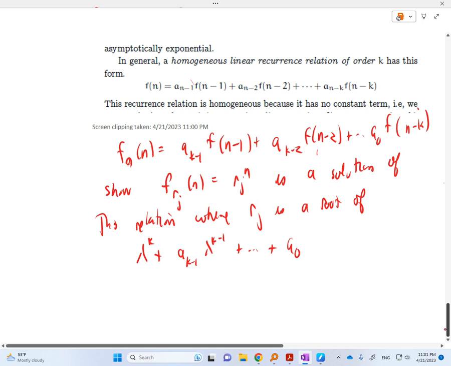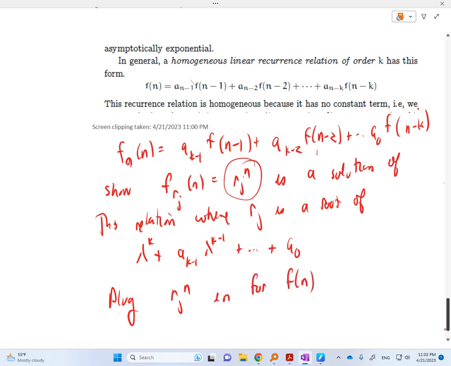All right, now the answer key says induction. You don't use induction. What you want to do is simply plug this value in for Fn. You want to plug rj to the n in for f of n.